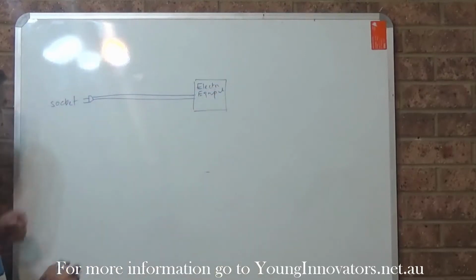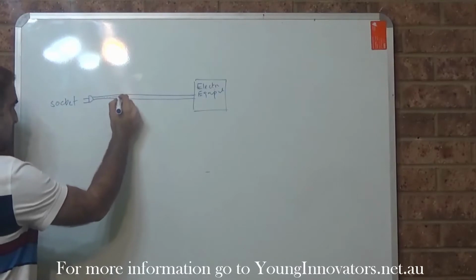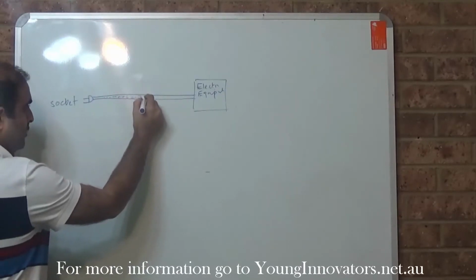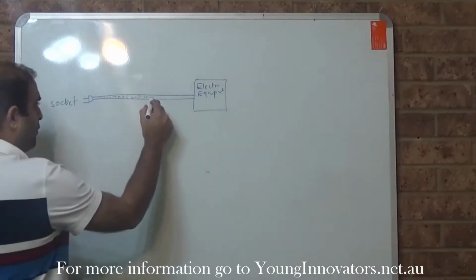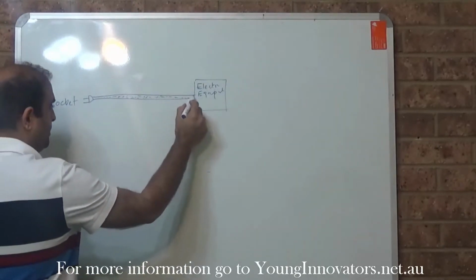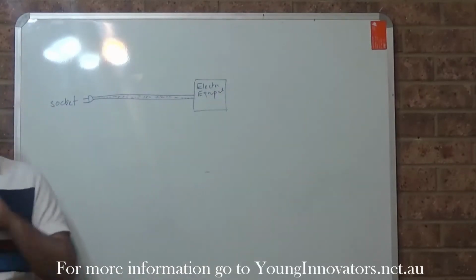The electricity flows in this wire, reaches here, and turns on the equipment.